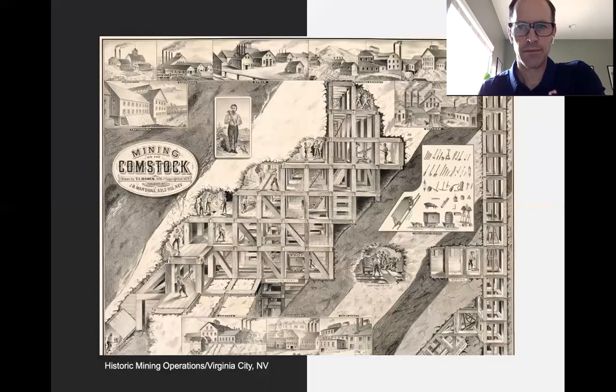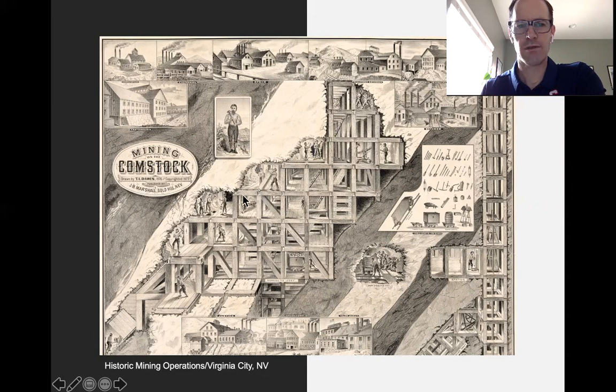Okay, but mines have always needed land. Now here's a historic example from Virginia City. We see kind of the classic example, or like what we think mines are, these tunnels underground. So again, we need land just for the mine itself, but think about these timbers. Okay, this is called square set timbering.